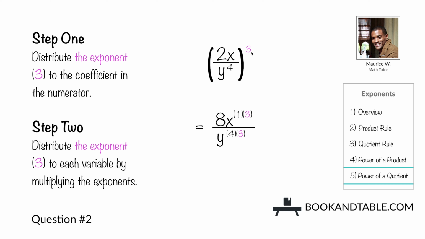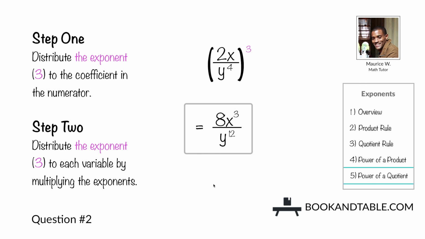So this exponent 3 gets distributed to x to a power of 1, which gives us x to a power of 1 times 3, which is x cubed. Y to a power of 4 raised to a power of 3 gives us y to a power of 4 times 3, which is y to a power of 12 in the denominator, giving us a final answer of 8x cubed divided by y to the 12th for question number 2.